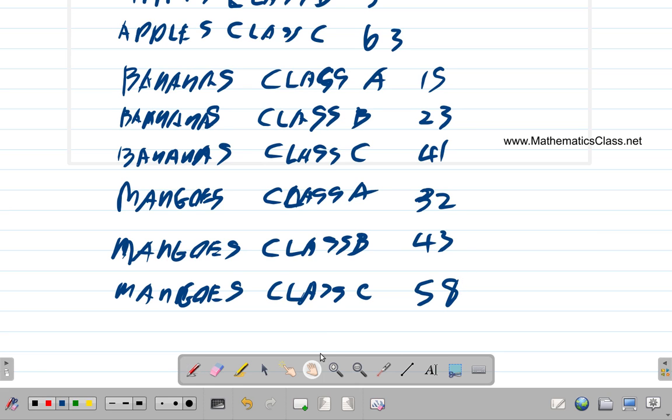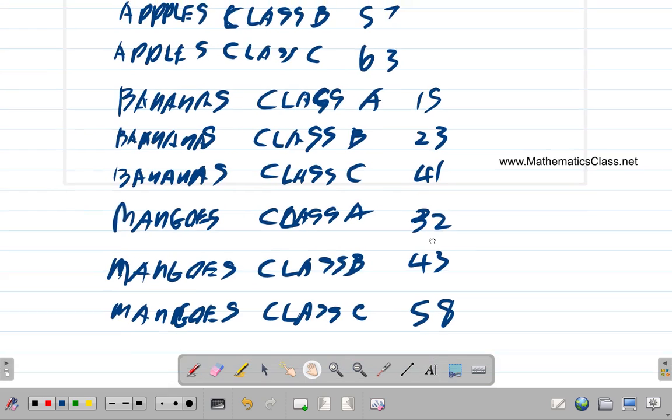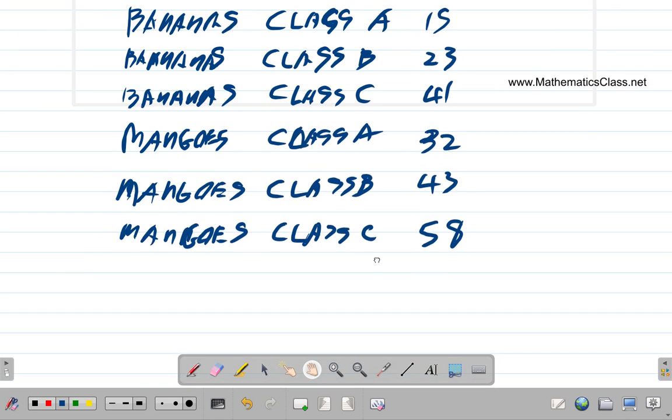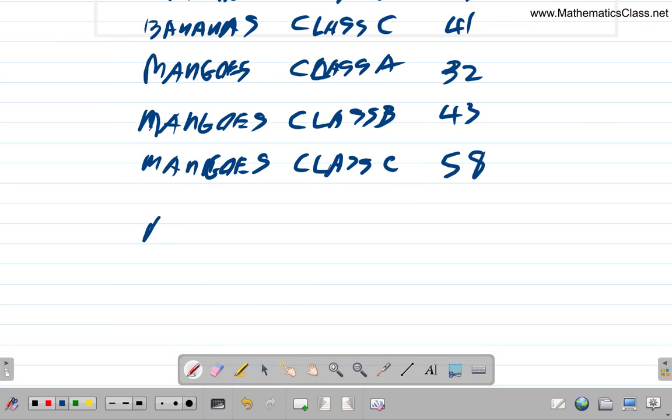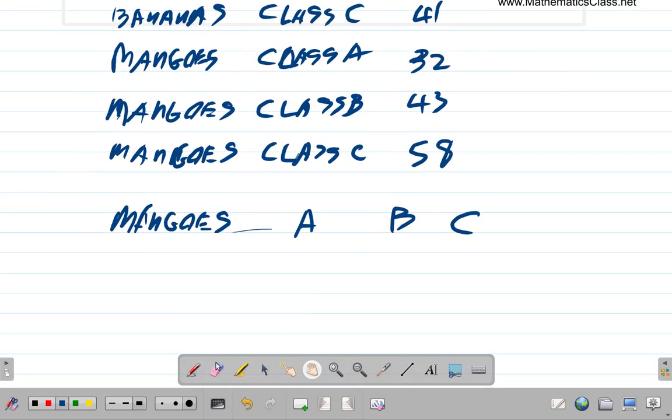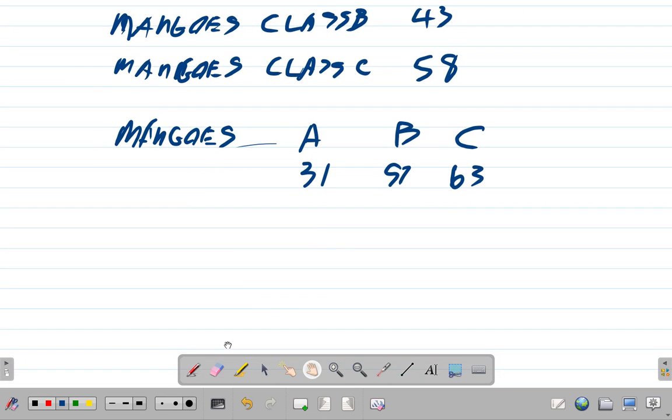But then, why do so much writing? Too much writing. How about doing this? You have mangoes. You have class A, B, C. How many? You have 31, 57, 63. Okay. That shortens the amount of work here. Then you have bananas.